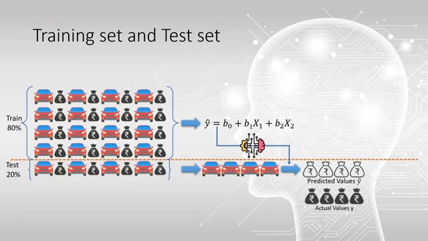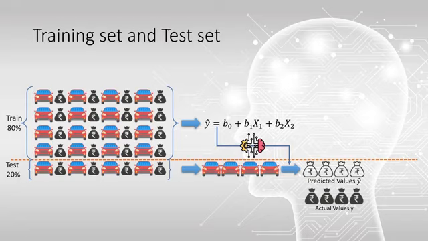So we can compare the predicted values, which were generated by a model that has never seen these cars before, to the actual values. From that we can evaluate our model. Is it doing a good job? Is it doing not so good a job? Do we need to improve it? That is how we split a training set and a test set, and that is why it is important to do data splitting.